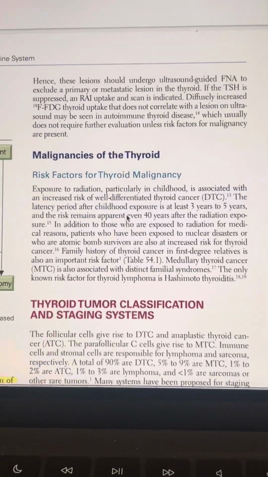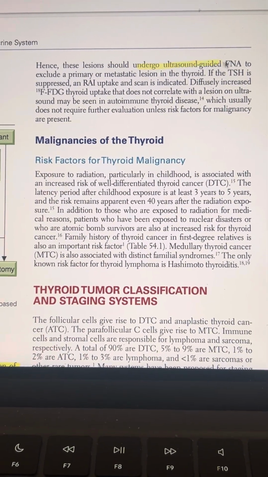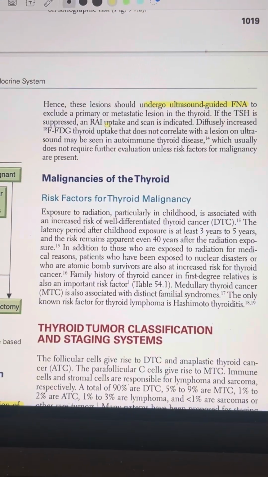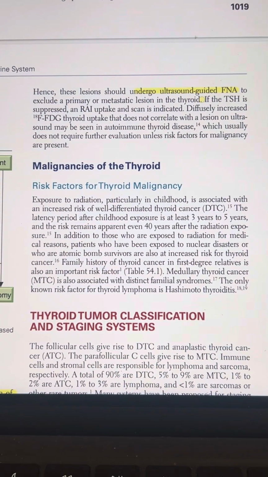However, this lesion should undergo ultrasound guided FNAC to exclude a primary or metastatic lesion in the thyroid.